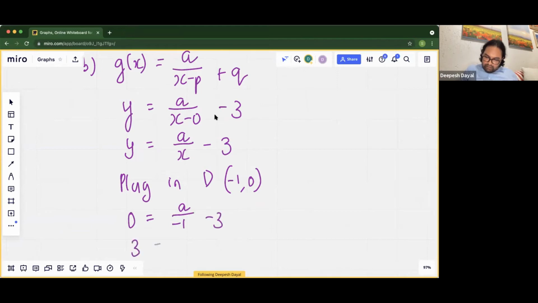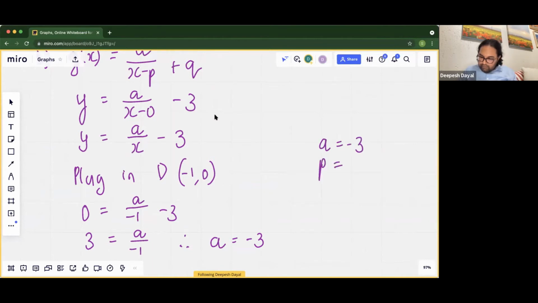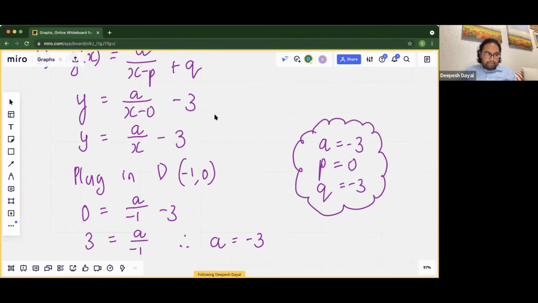So 3 equals a over minus 1. Therefore, a equals minus 3. So now we have a, p, and we have q. So a equals minus 3, p equals 0 and q equals minus 3. There we go.